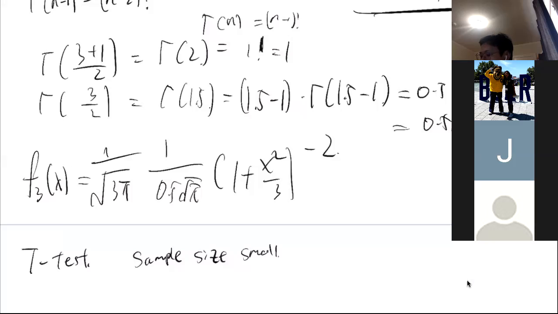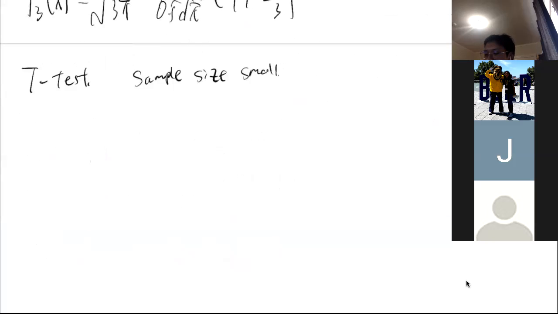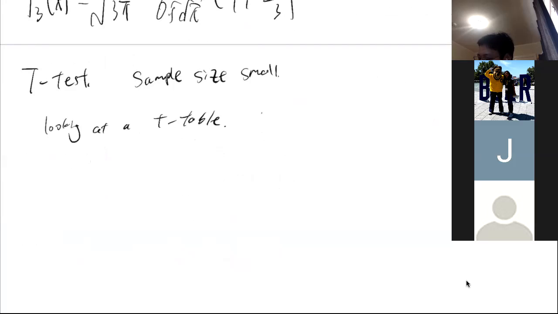So for doing a t-test, essentially you are doing the same process as if you are doing a z-score. The only difference is that you're looking at a t-table, and you are finding the t value instead of the z value.